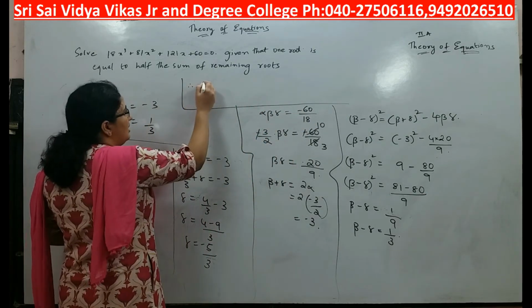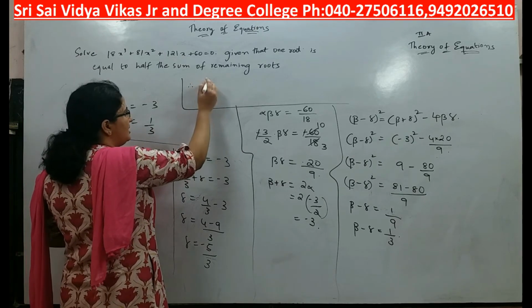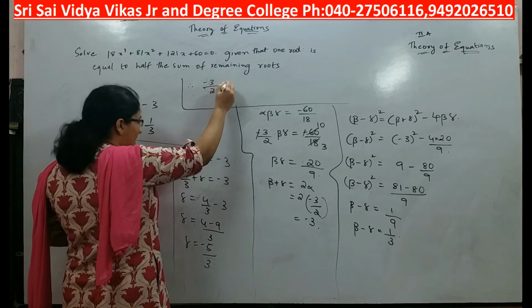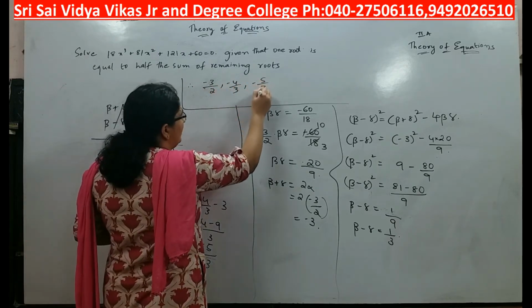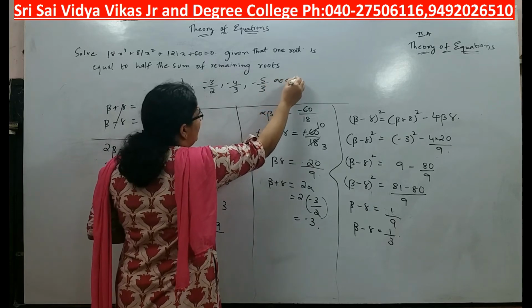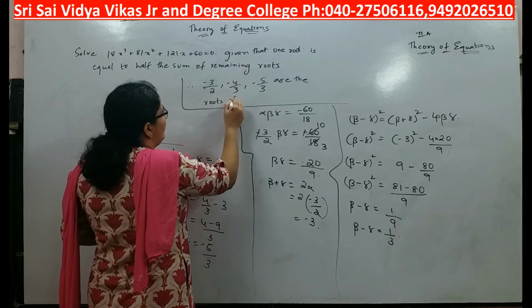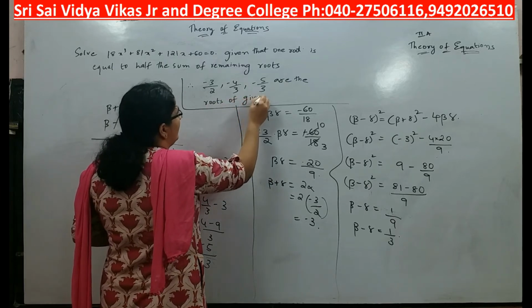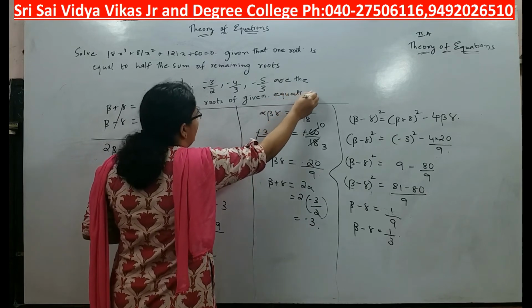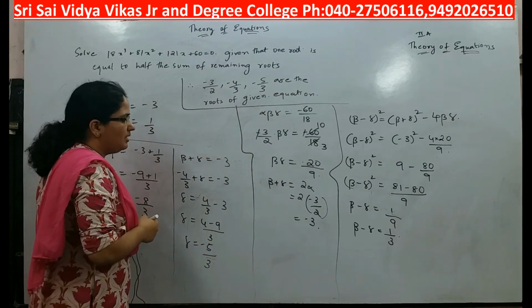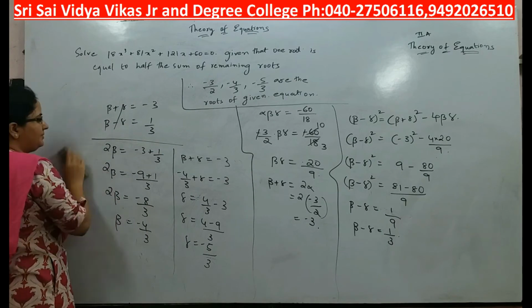Alpha is minus 3 by 2, beta is minus 4 by 3, gamma is minus 5 by 3 are the roots of the given equation. These are the roots. This is how you find the roots. We shall discuss the next problem.